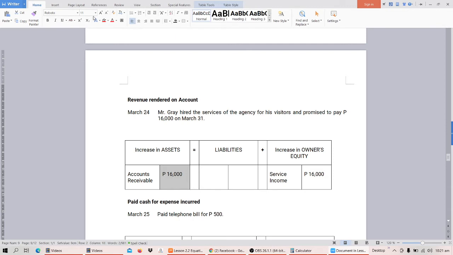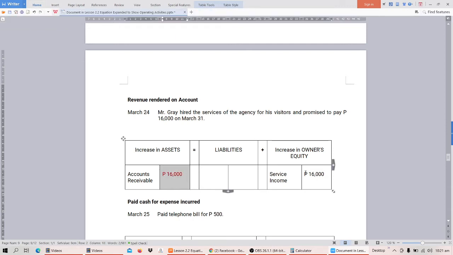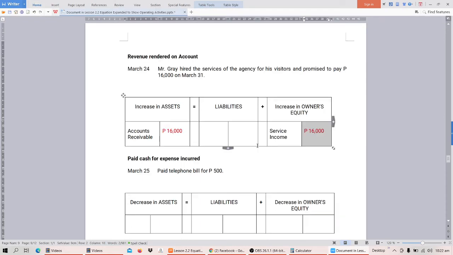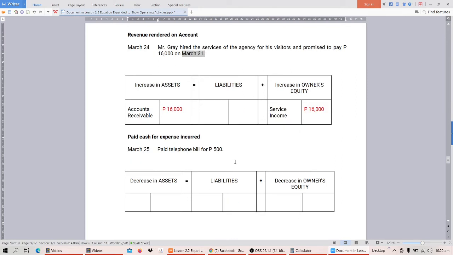Okay. So take note of that one. He will pay you on March 31. Okay, on March 25, you pay a telephone bill for 500 pesos.